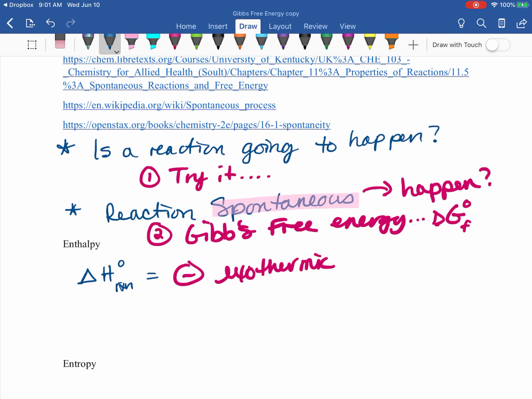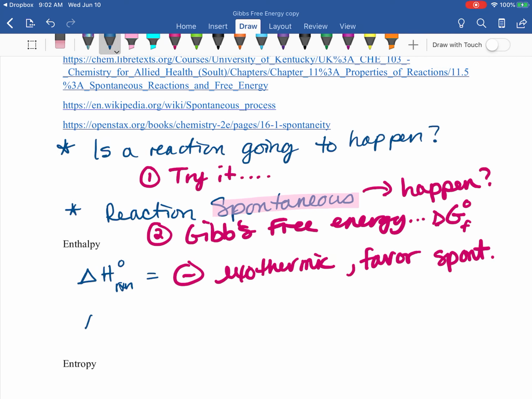You're actually releasing energy. If we mixed HCl and sodium hydroxide like we did in lab in calorimetry, heat flowed from that reaction to the surroundings. That was an exothermic process. We're going to add some more vocab to that. Anything that is exothermic is energetically favorable. That means it's going to favor our free energy. That is going to favor a spontaneous reaction.